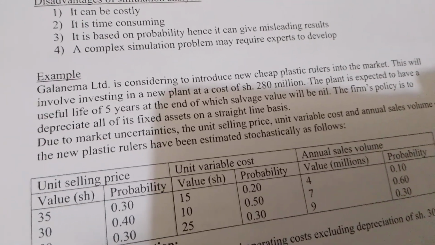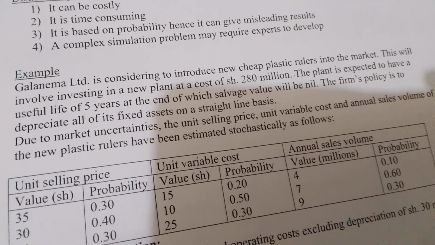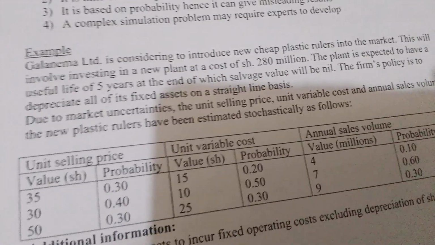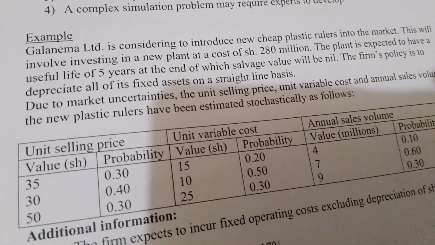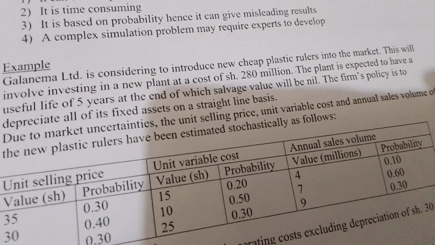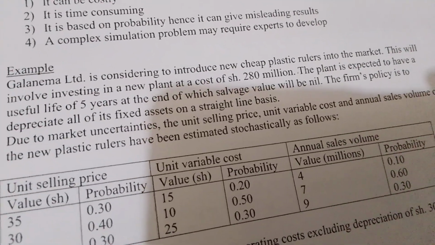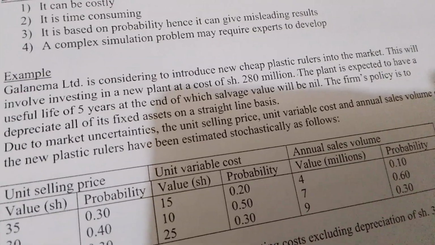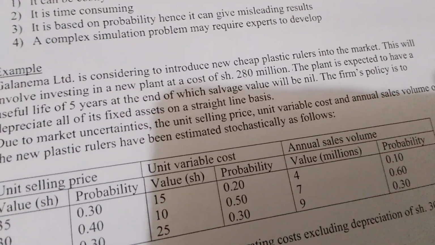This will involve investing in a new plant at a cost of shillings 280 million. The plant is expected to have a useful life of 5 years, at the end of which salvage value will be 0. So there is no salvage value.